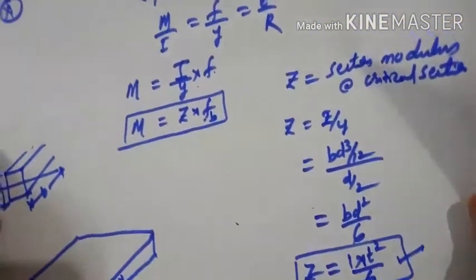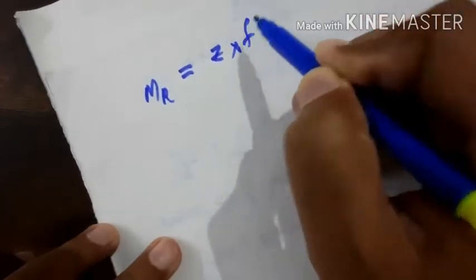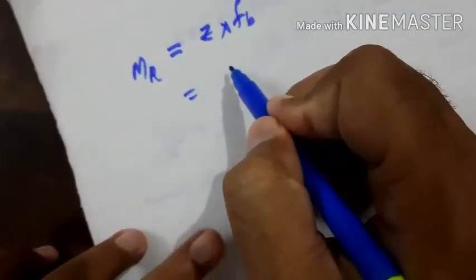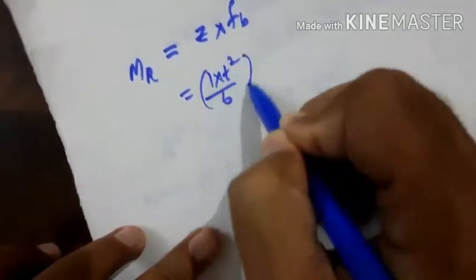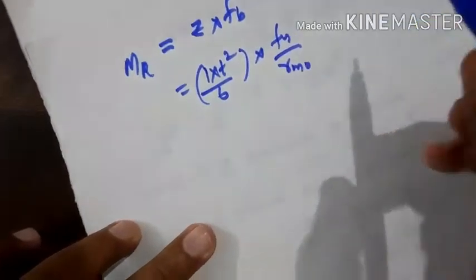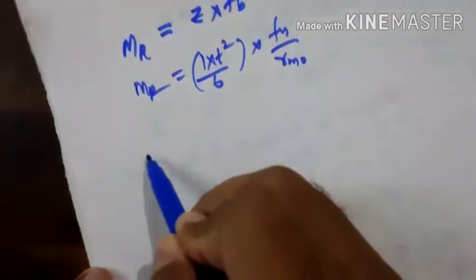I hope you understood this one. Then moment of resistance will be Z into Fb. Z is 1 into t square divided by 6, and this will be Fy by gamma mo. Then this is the moment of resistance.